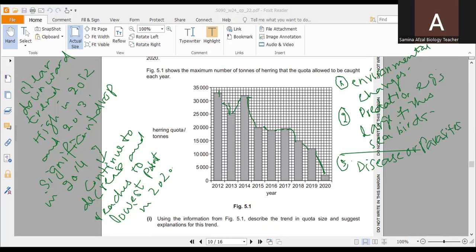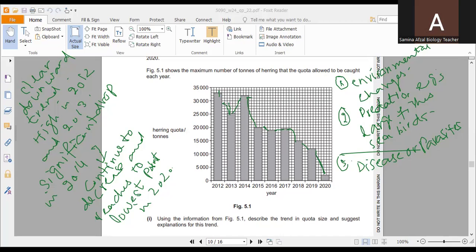So different types of diseases or the invasion of parasites can cause a decrease in the production of herrings. So these can be the points for this purpose. And a decrease in herring quotas might also reflect a broader ecosystem-based management.